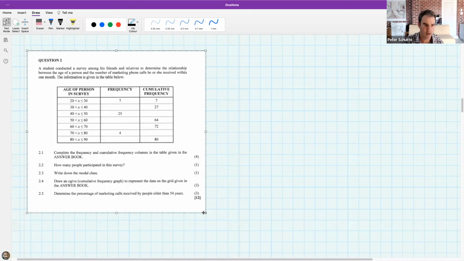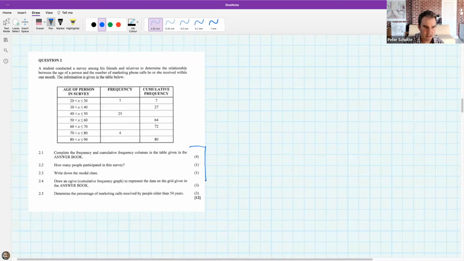I want everyone to try and do these 3 questions for me. We'll leave the red ones for now, but just try and do the blue ones. And if there are any questions, you can ask me. But basically, you have to figure out the missing spaces and then answer those questions. Off you go.